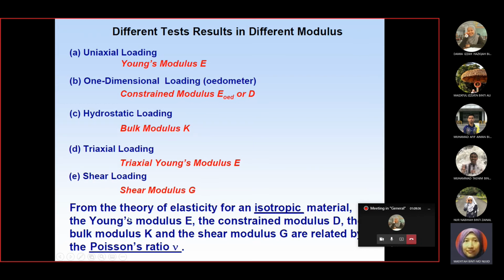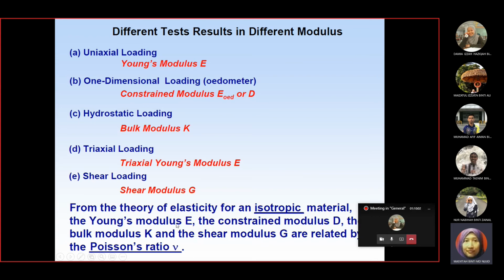The other thing is that bila kita buat testing ataupun analysis dan design, there are few assumptions that relate to the material. Is it behave as isotropic ataupun anisotropic? Kalau kata from the theory of elasticity for an isotropic material, the modulus E, the constraint modulus D, bulk modulus K and the shear modulus G are related by the Poisson ratio.